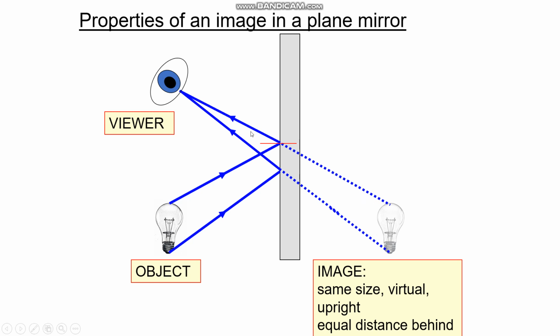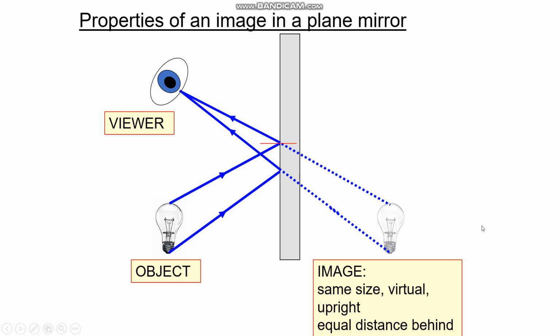And if you follow the lines down and you measure this distance, here, here, then you'll find that the image always appears to be the same distance behind the mirror as the object is in front. So if you stand and look at yourself 30 centimeters in front of the mirror, you're actually looking at yourself 60 centimeters away because the image appears to be the same distance behind the mirror.